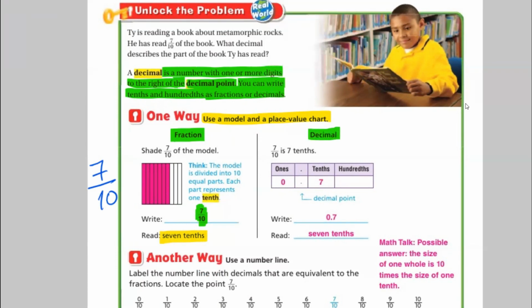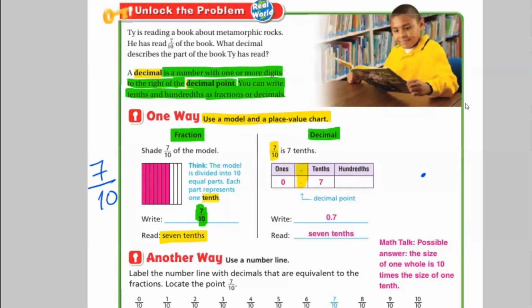We can write it as a decimal. So we're gonna use a decimal point, as you see here. If you want to write 7 over 10 as a decimal, we put the point first, and we check, is there any whole number here? In 7 over 10, there is no whole number, because the whole number is supposed to be beside the fraction.